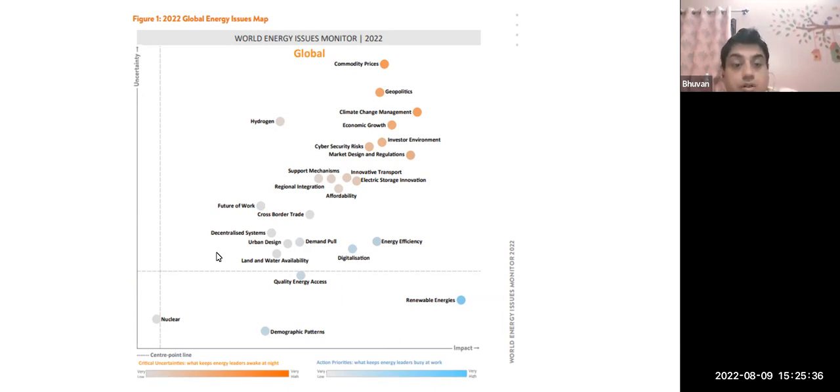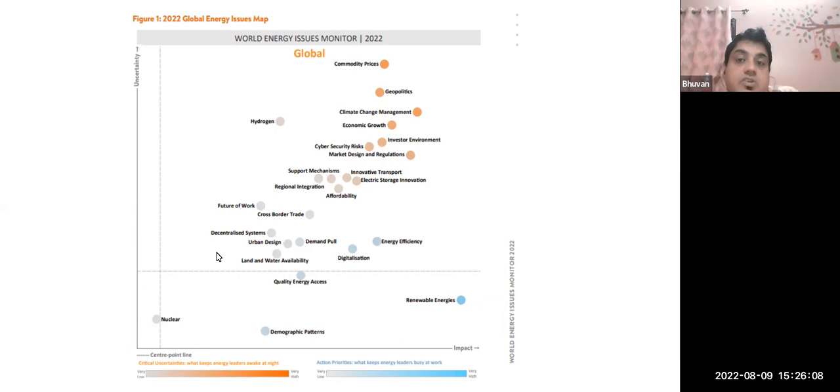There is unequal distribution of energy resources, and China, the USA, Russia, and the OPEC countries, that means the Middle Eastern countries, are the major suppliers. If there is a scenario of war or conflict between these nations, obviously the supply of energy is hit because of that. So that also plays a major role in fluctuation of energy pricing.